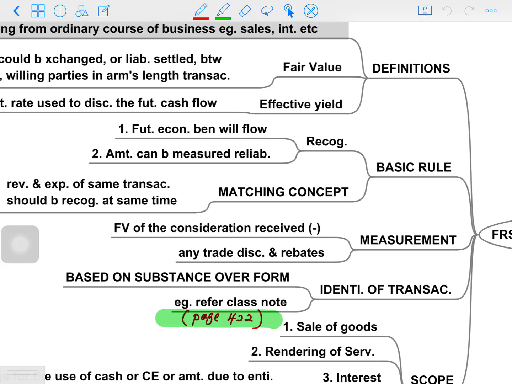That means the amount of revenue that you're going to receive can be measured reliably. This is the general rule for revenue recognition under FRS 118.